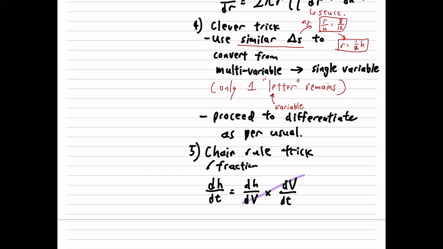But of course, you don't introduce it already and then cancel it away; you must really use it. dH by dV is 1 over dV by dH. You can find dV by dH, then flip it around to get dH by dV. And dV by dt, that one was from part 1. Okay? Clear?